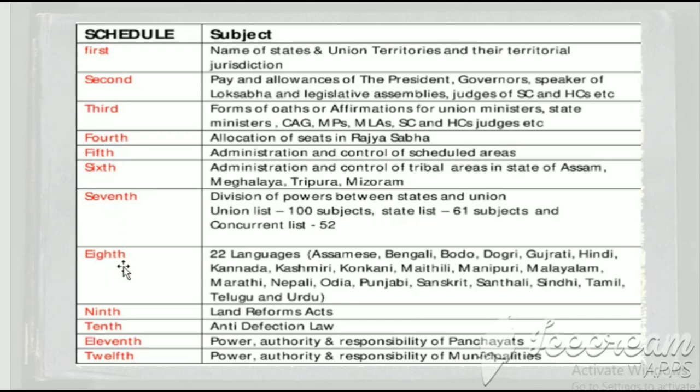The eighth schedule is subjected to the 22 languages. These are considered as the national language, not national language, they are the official languages. You must remember, there is no national language, there are just the official languages, and there are 22 official languages, as per the eighth schedule of the constitution.